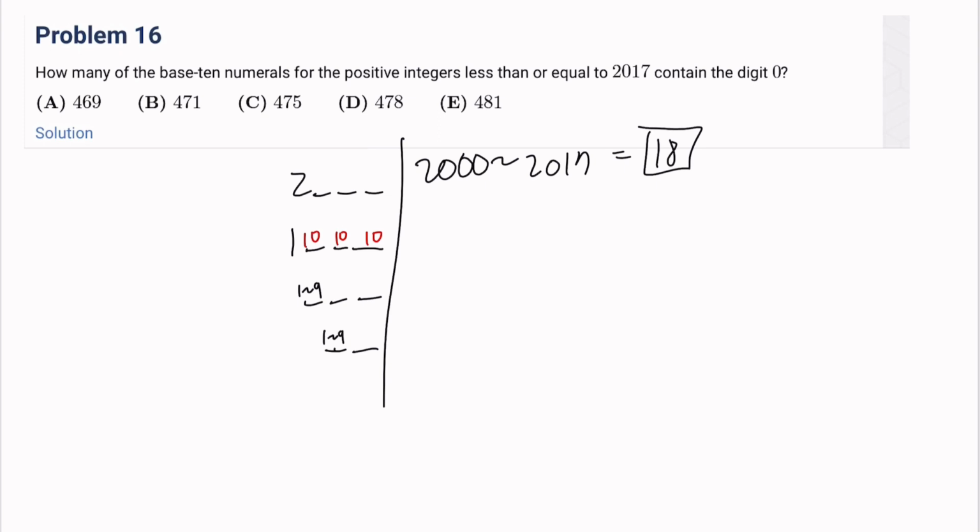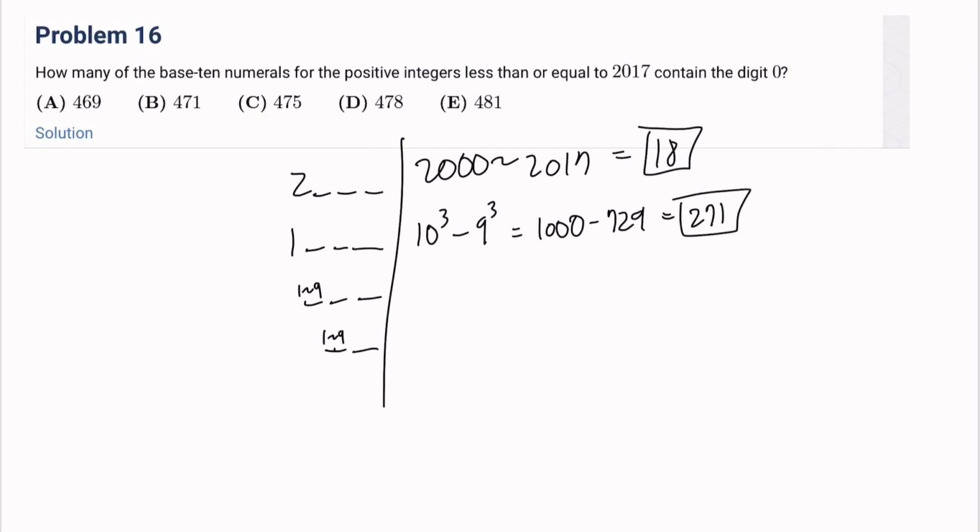But if we don't allow the digit 0, then that will be 9 possibilities each, right? So that gives us 10 cubed minus 9 cubed, which is 1000 minus 729, and so this is 271.